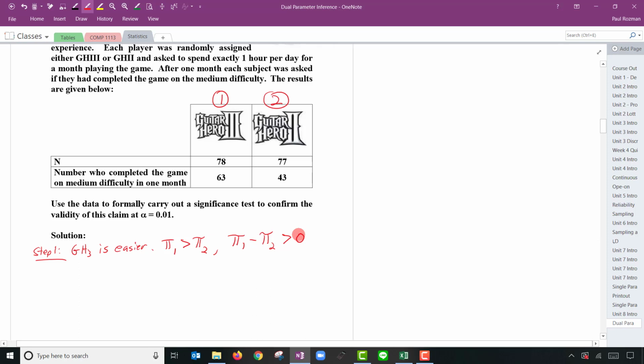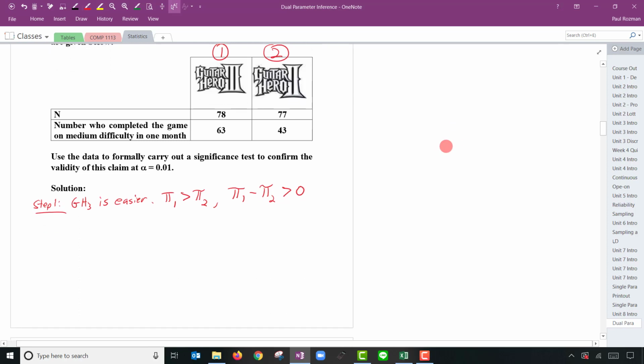That's our claim. If I subtract the proportions, I would get something greater than 0 because pi 1 is assumed or hypothesized to be greater than pi 2, Guitar Hero 2. Now we can set up our null and alternative hypotheses.